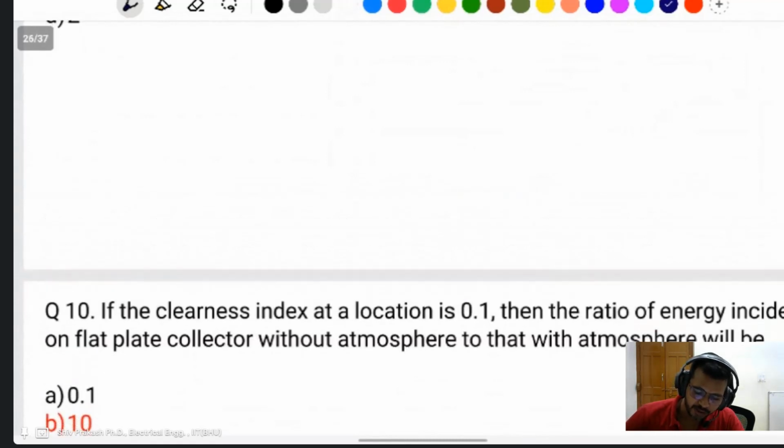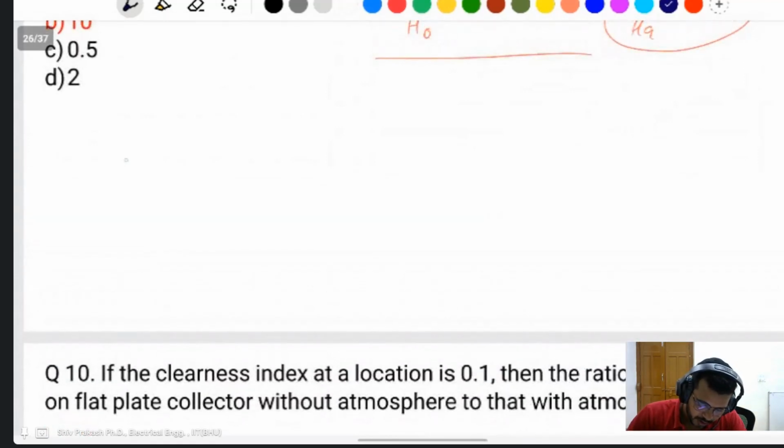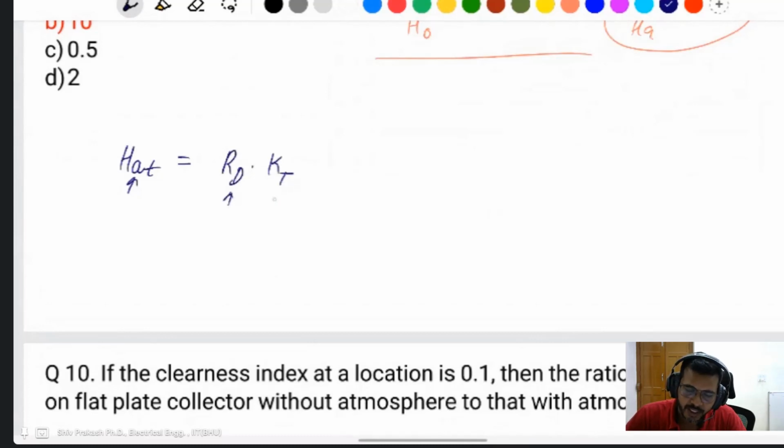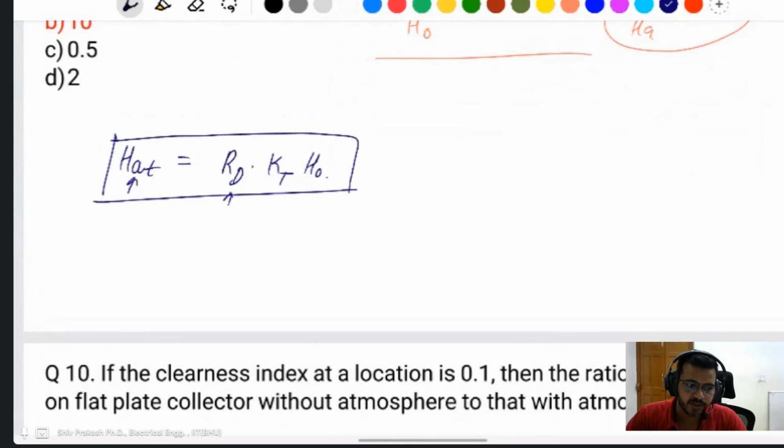If you want to calculate the overall energy HAT, with atmospheric effect and a tilted angle also, it is defined with RD as the tilt factor and KT as the clearness index, times the overall energy without atmosphere and without tilted surface. You can calculate the other things from here also.